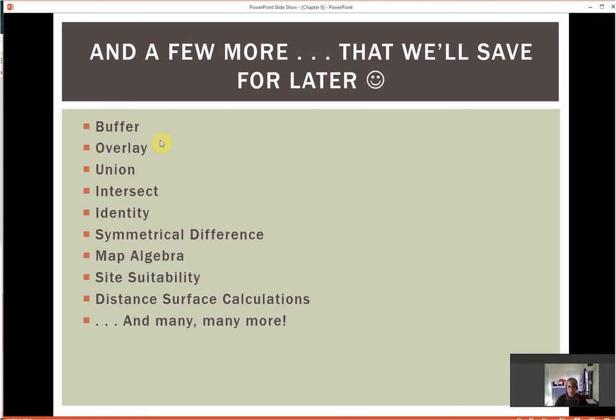Things like buffering, overlaying, uniting information, intersecting it, where does it overlap, finding the identity of things, looking at symmetrical difference, map algebra, which is a little more complicated but very fun, site suitability, distance surface calculations, and so many more things. All of these are related to spatial analysis. So I will leave it there for now, and good luck with the chapter.